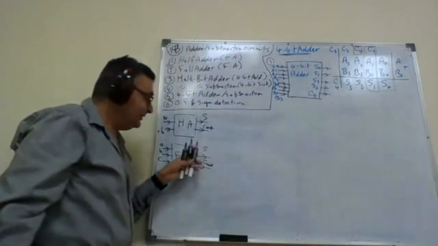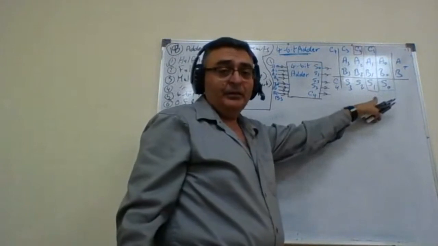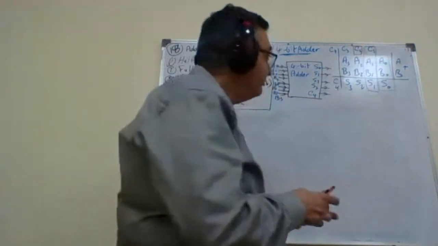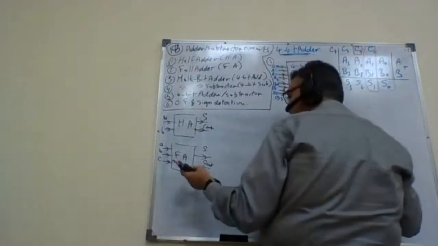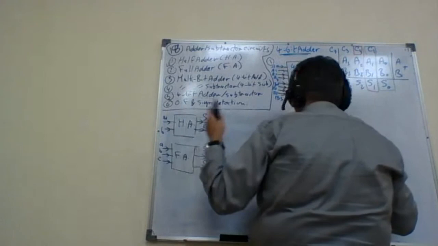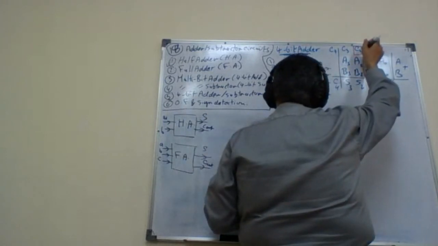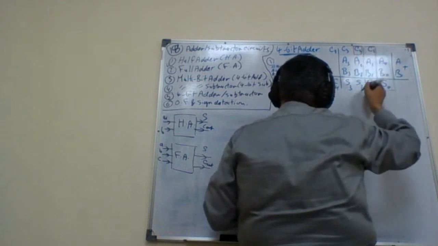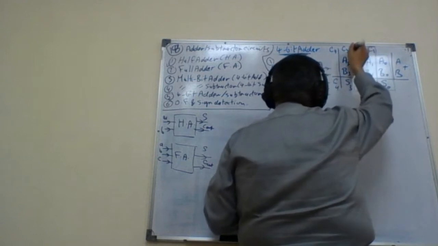So I will get the S and the C out for the second set of bits. Then what about the third step? I need to repeat this circuit one more time, to add C2 to A2 to B2 and produce for me S2 and C3.